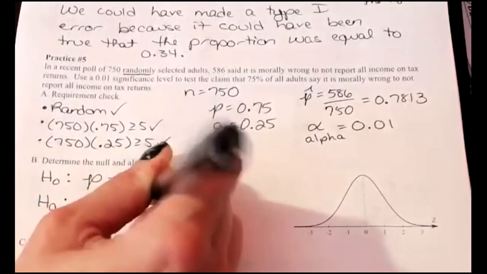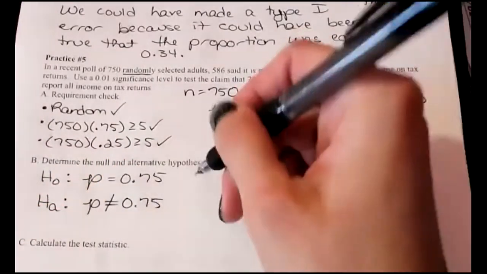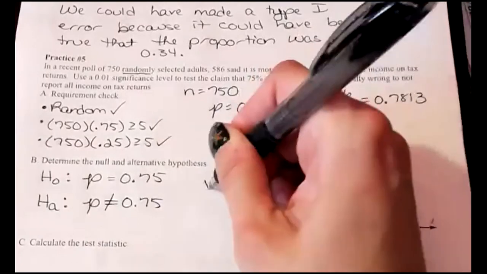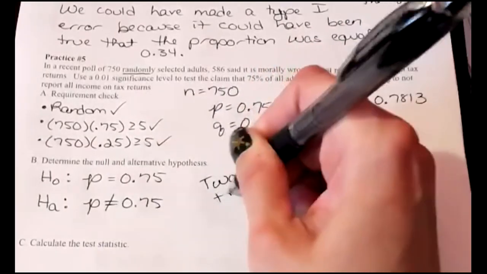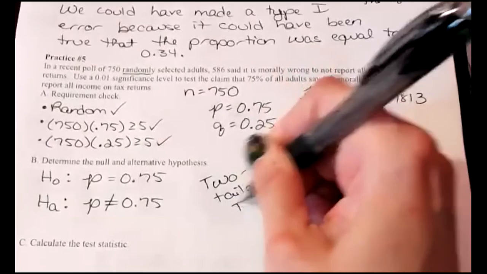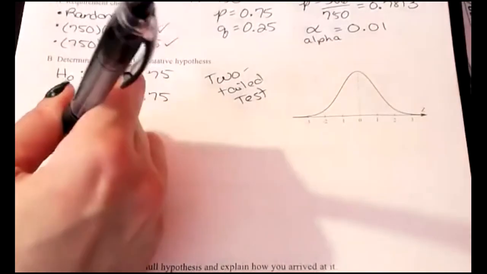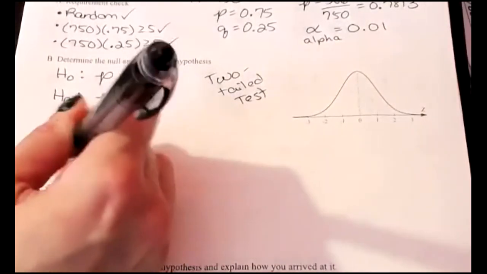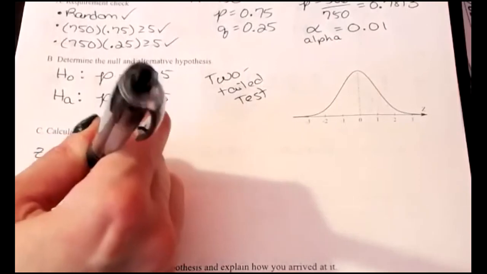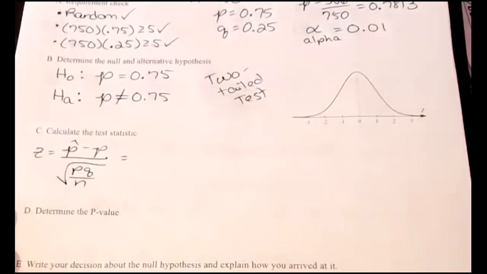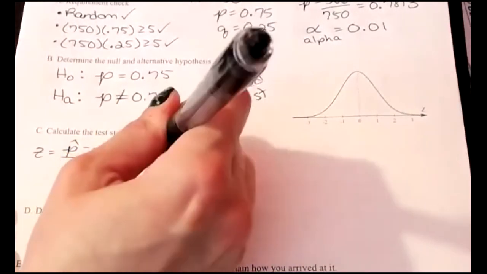What kind of a test is this? Two-tailed. Yes, two-tailed test. Excellent. Let's calculate the test statistic. So we have P hat 0.7813.